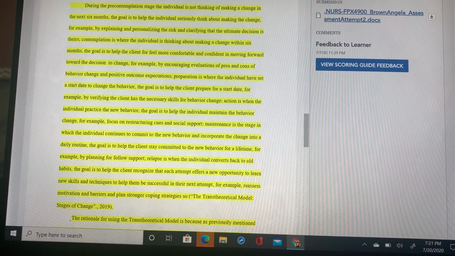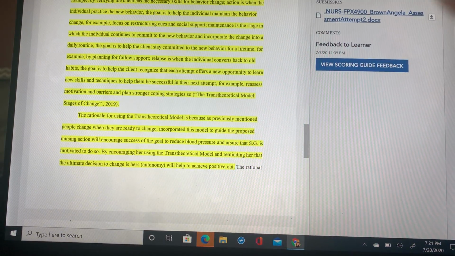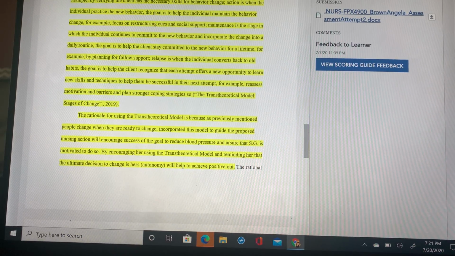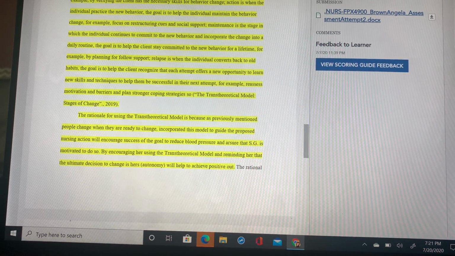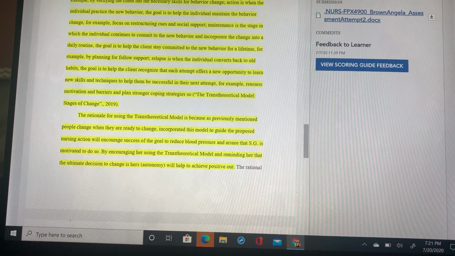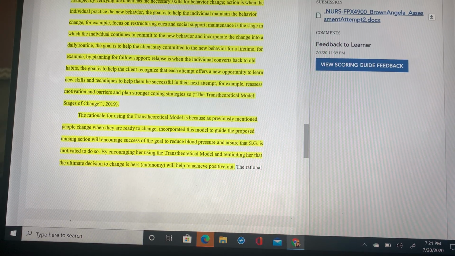I'm not going to read all that. I break down each step, and then I give the rationale. The rationale for using the transtheoretical model is because, as previously mentioned, people change when they are ready to change. Incorporating this model to guide the proposed nursing action will encourage success of the goal to increase blood pressure and assure that SG is motivated to do so.